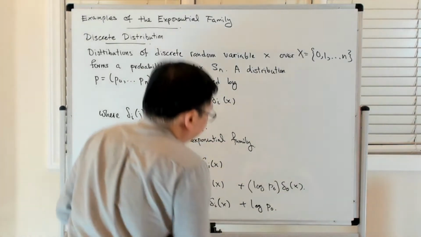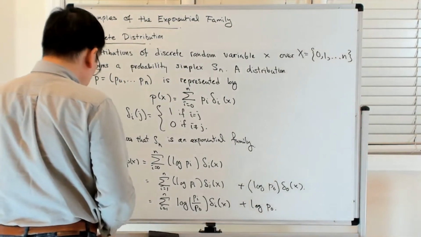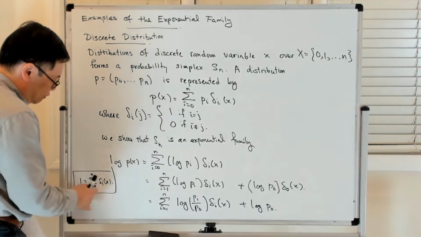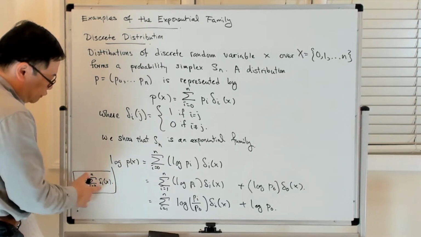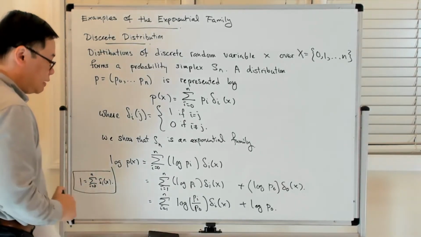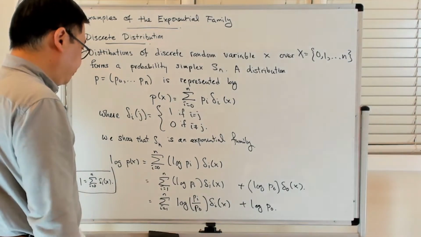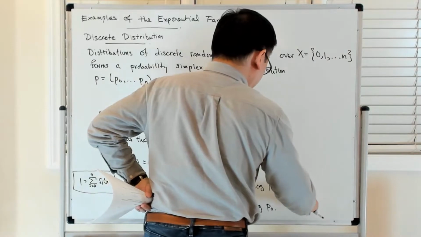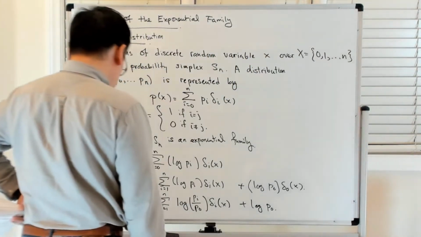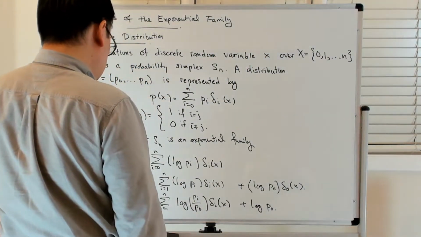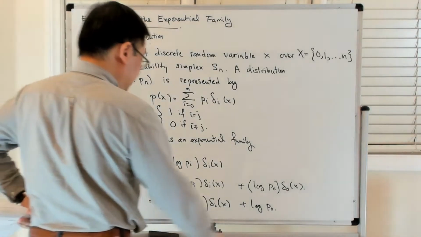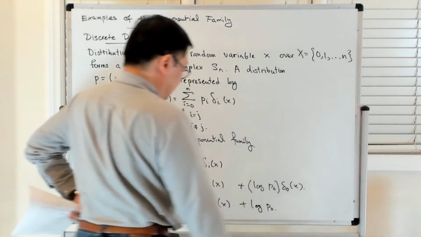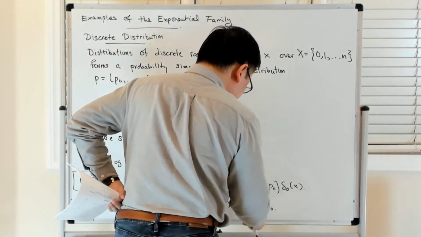It comes from the identity that 1 is just the sum from 0 to n of the Kronecker delta functions. So if I add log p0 delta 1 all the way up to log p0 delta n, that term just becomes log p0.